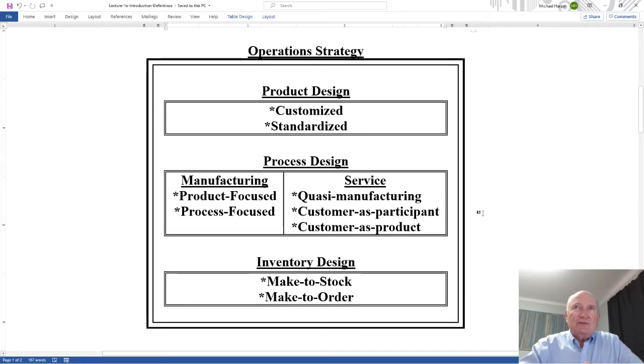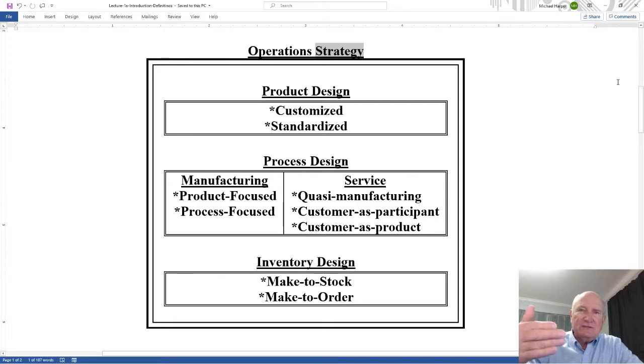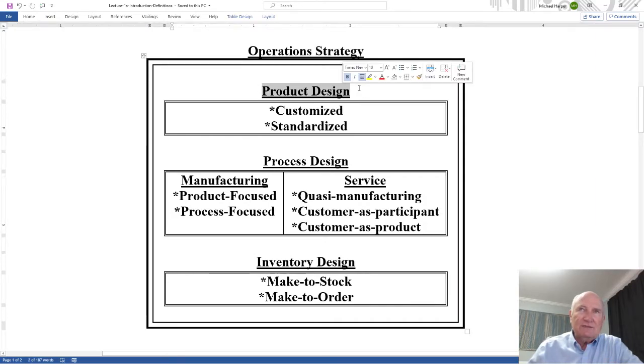In this operation strategy, I'm still talking about definitions, but I'm defining different terms within an operation strategy. I define strategy to mean a series of decisions that leads to an objective. Operation strategy are those decisions. I'm going to look at decisions in 3 different areas. A product design decision, how you design your product.